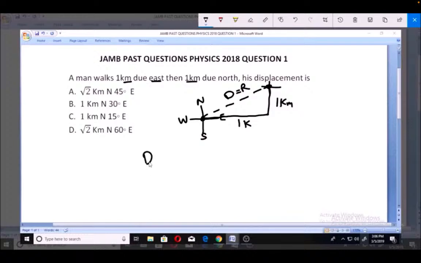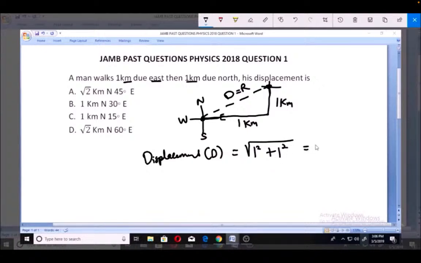Now this D, which we also call displacement, you can also call it R, is actually equal to, if you are given a right-angled triangle like this, and you're given these two sides, and you want to find this side, you can simply say that this side is equal to the root of what you have here squared, which is 1 squared, plus what we have here squared, which is another 1 squared.